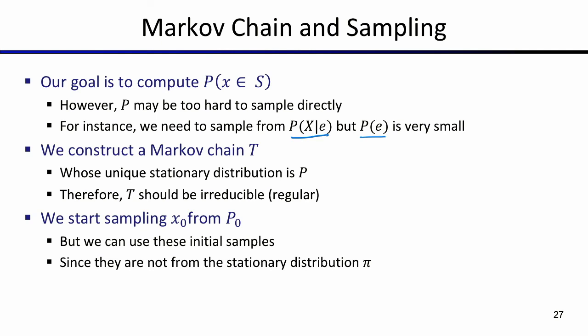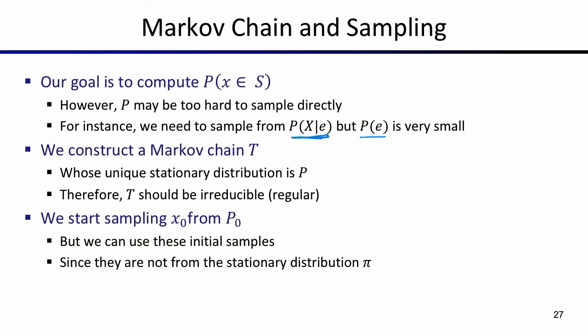Instead of sampling from this distribution here, I'm going to sample from a different distribution. And the distribution that I'm going to sample is the transition distribution specified by the Gibbs sampling algorithm. And we saw which distribution that is. It is a distribution where we sample a certain variable x given all the other variables in the network instantiated.